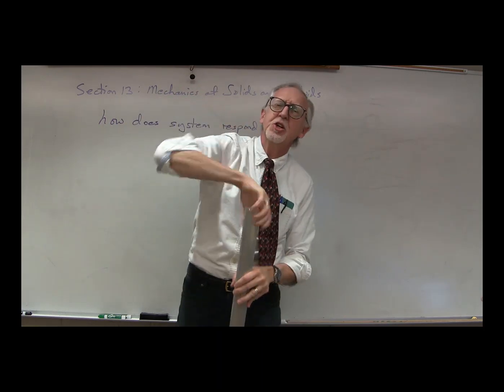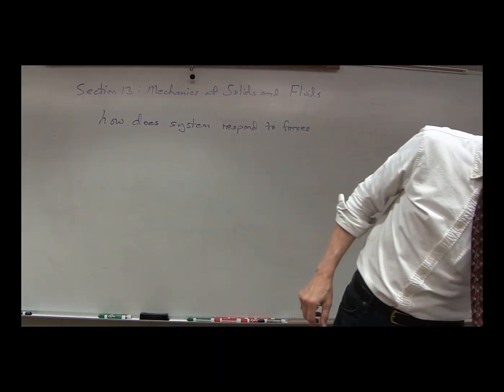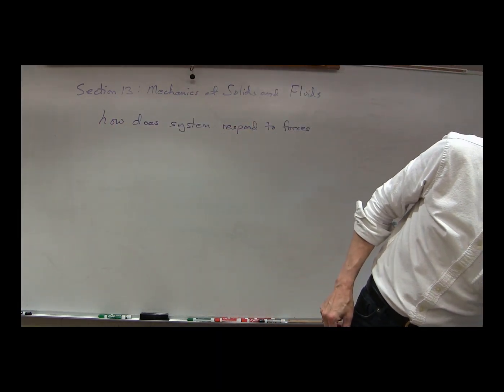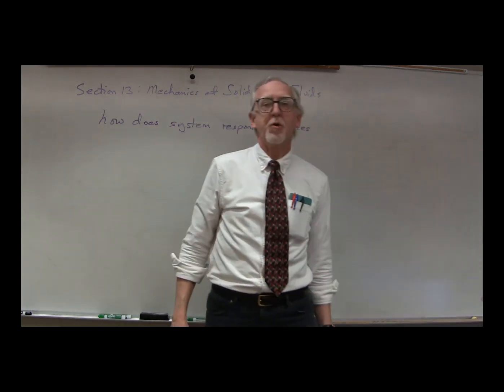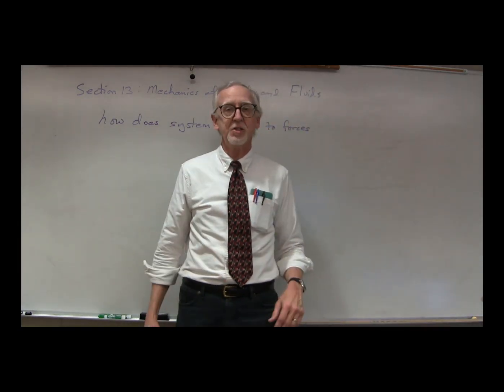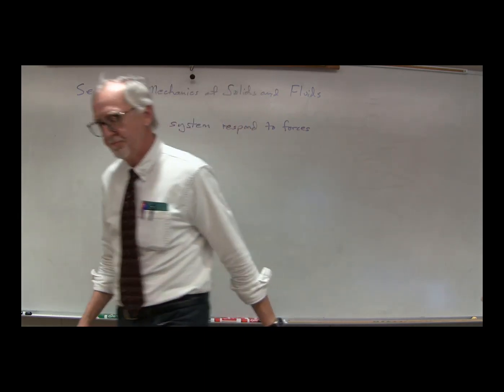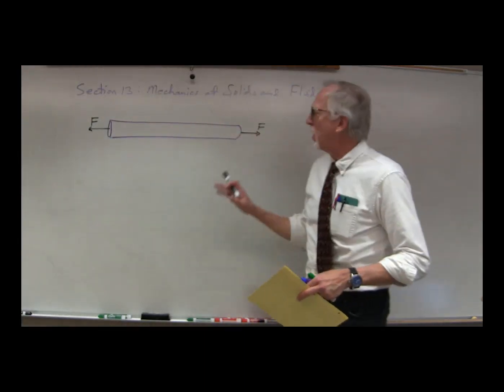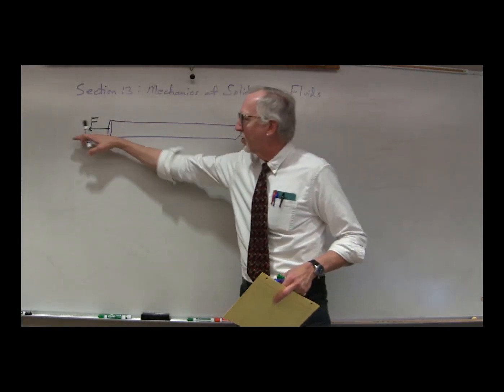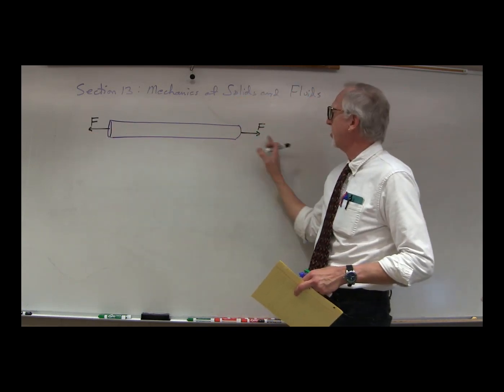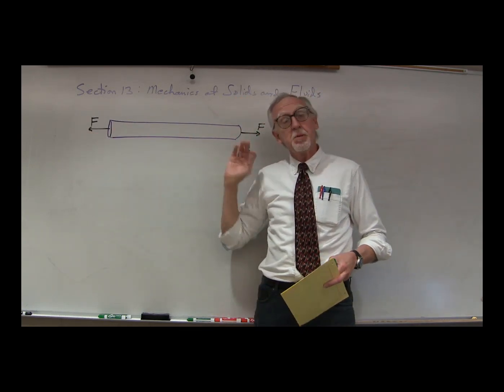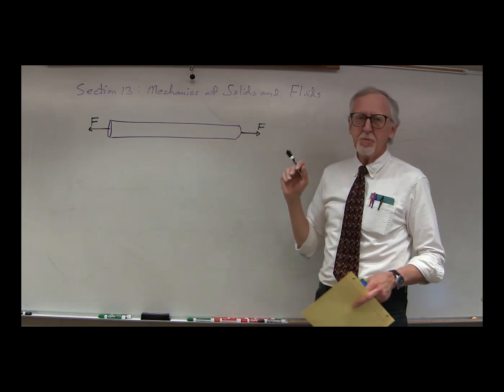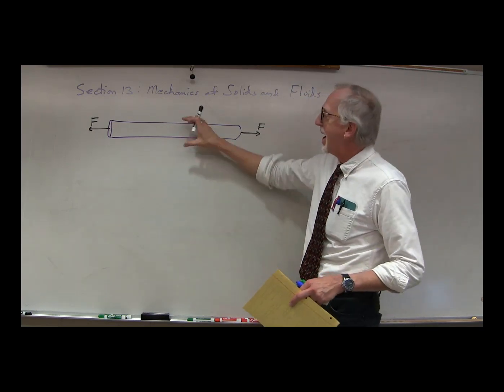But let's take a look at that very specifically and imagine that we could apply more force so that it actually does change the shape of the object. So here's our bar, and imagine we apply a force to the left at this end and a force to the right at this end. What's the bar going to do? Well, the response of the bar will actually depend on how big it is.